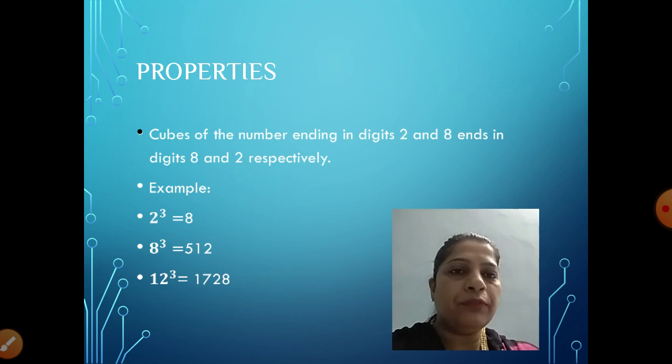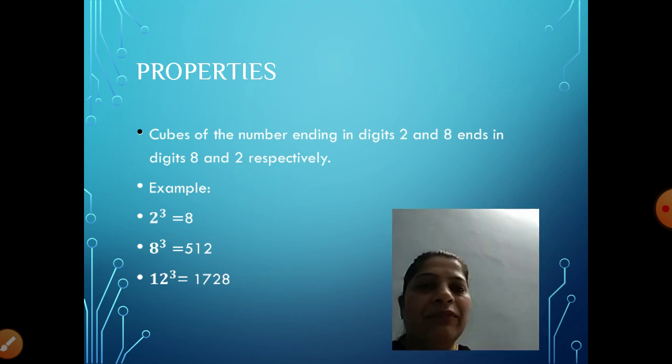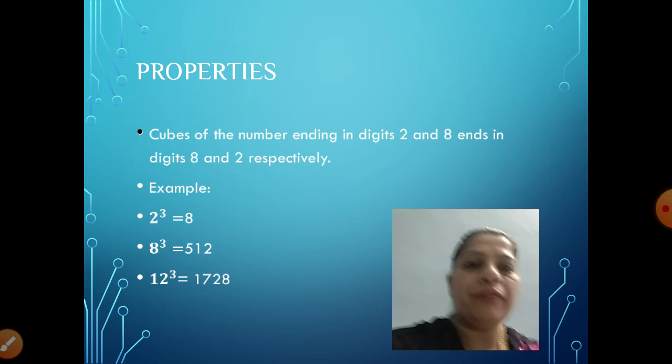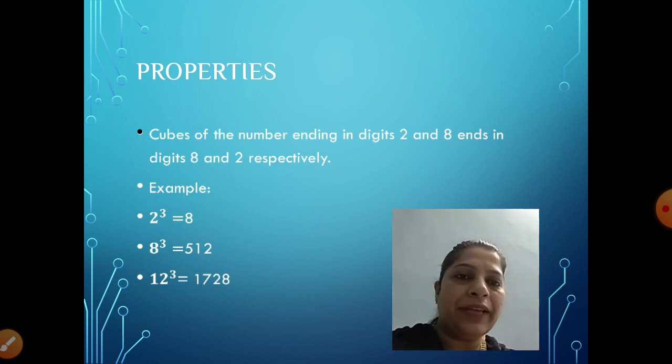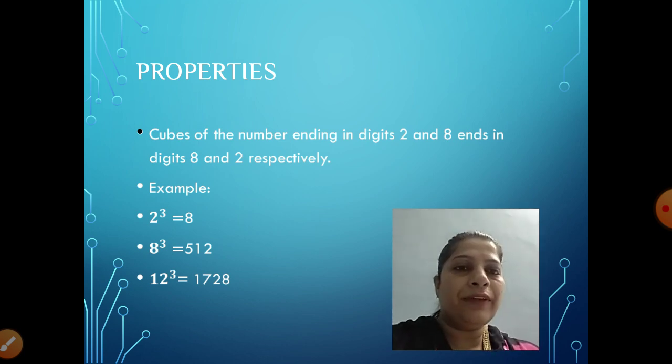The cube of 2 will end with 8. The cube of 8 will end with 2. You can see more examples. The cube of 12, as there is 2 in the unit place, the cube number has 8 in the unit place, that is 1728. So you have to remember 2, 8, 8, 2. So that is the interchanging of 2 and 8.